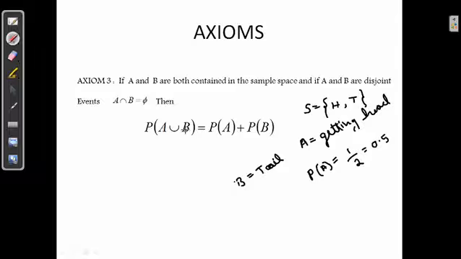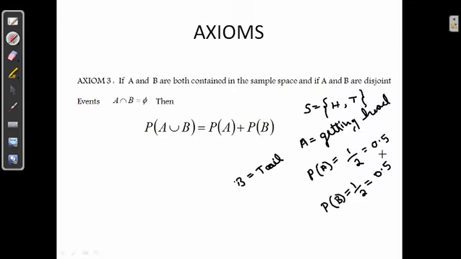So the probability of A union B, taking these two probabilities, is equal to probability of A plus probability of B. The probability of A is 1 by 2, and the probability of B will again be 1 by 2, which is 0.5.